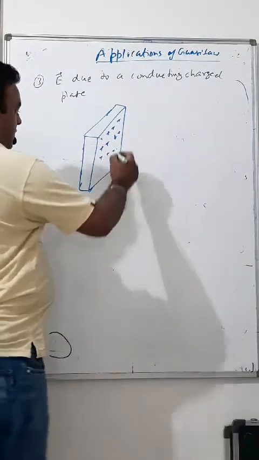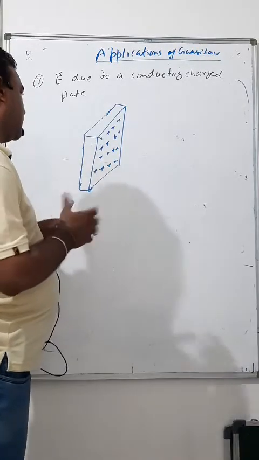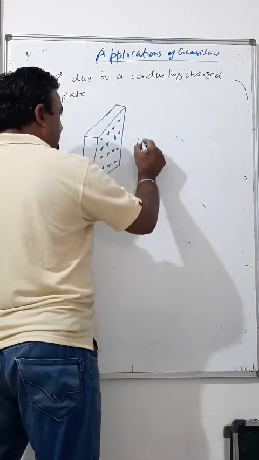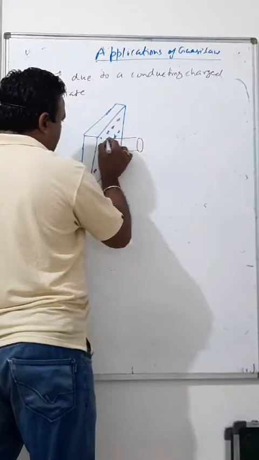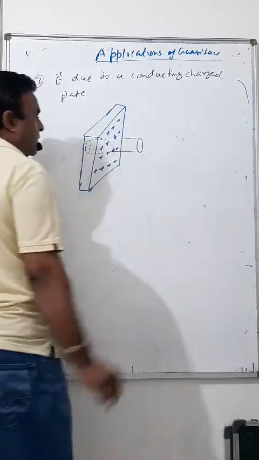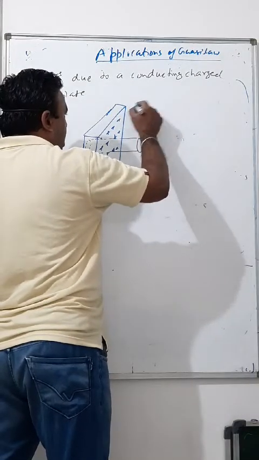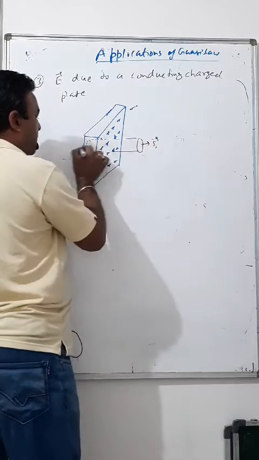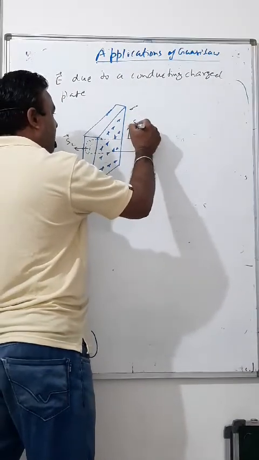Here the choice of Gaussian surface is to be made intelligently. Here I take a similar cylindrical surface. It goes here. Now it goes inside. Here the charge density is sigma. This surface is again S1. This is S2. This is S3.